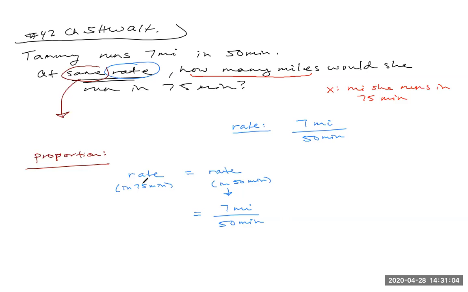Now over here, what will the other rate be? Well, we want to know how many miles in 75 minutes. So x will be right here. And it should come out with units miles. Okay. So now we're going to cross multiply.